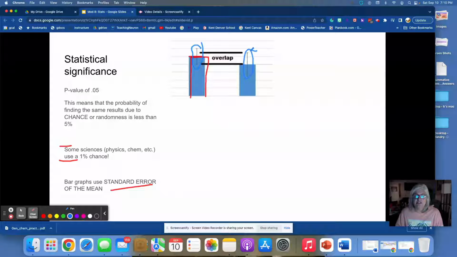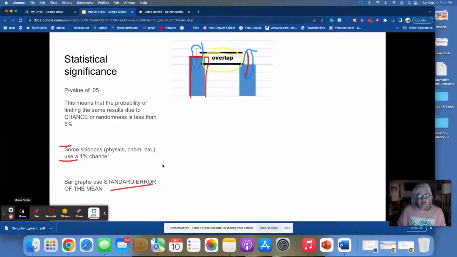Those are called standard error bars. If they overlap, like it's showing right here, then you cannot say that there is a statistical difference. Because what a standard error of the mean is saying is that somewhere within this bar right here is the true average for the population. The larger the bar, the less sure we are.